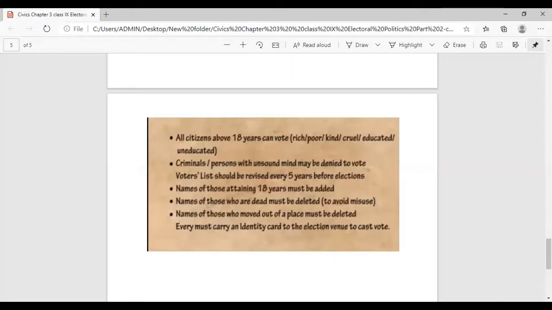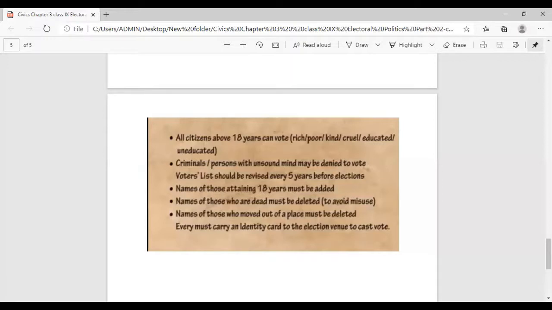Only those belonging to the scheduled tribe can contest an election from a constituency reserved for the scheduled tribe. In many states, seats in rural and urban local bodies are now reserved for other backward classes and women candidates as well. Here, rural means panchayat level and urban means the municipalities and the corporations.